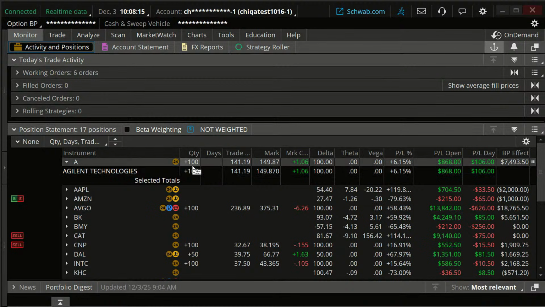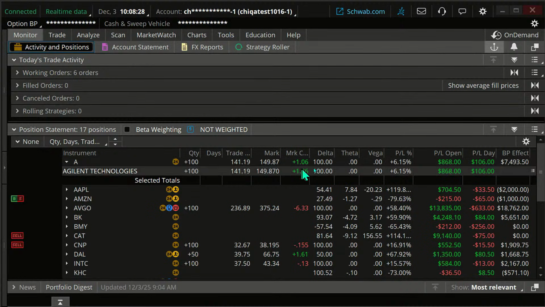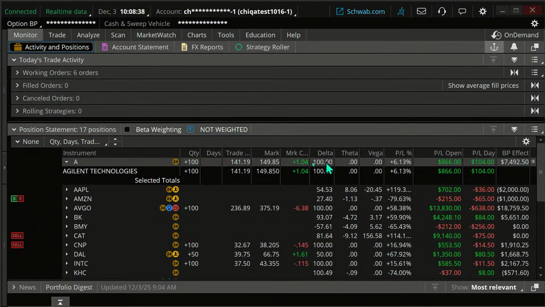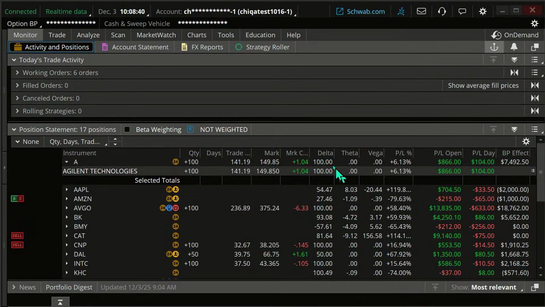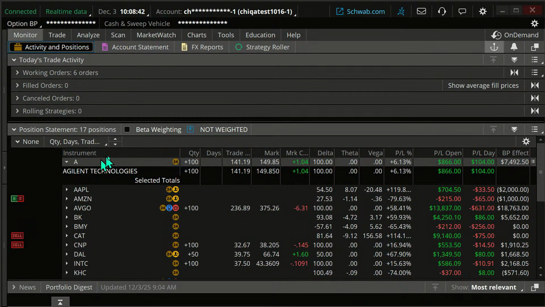If Allegiant goes up $1, this position is likely to go up about $100. Why? Because I have 100 shares. If on a stock, your delta is just going to be the quantity, okay? If the stock moves $1 and you have 100 shares, your position overall is going to move about $100, up or down, right? If it goes down $1, we're likely to lose $100 on that 100 shares of stock.